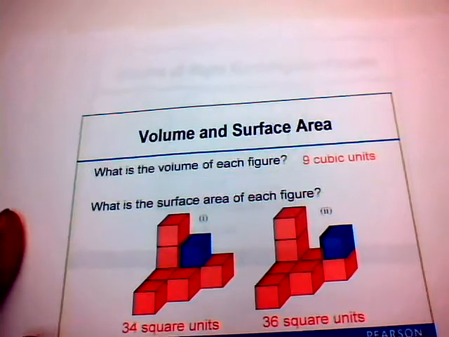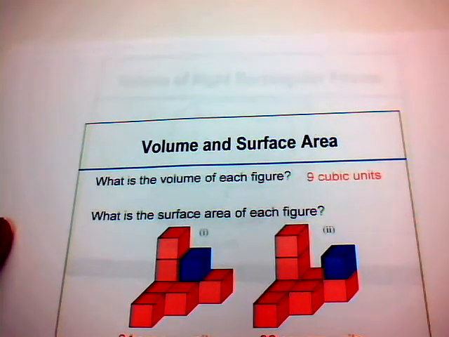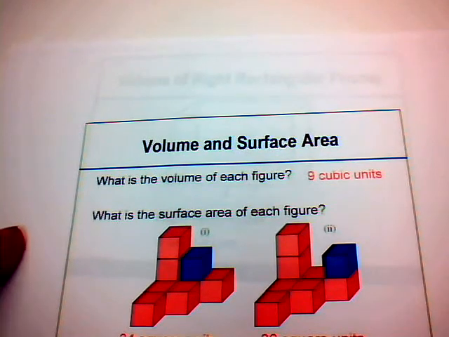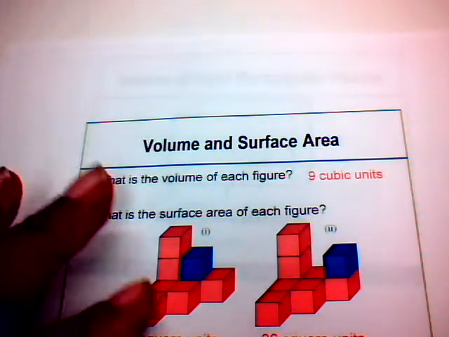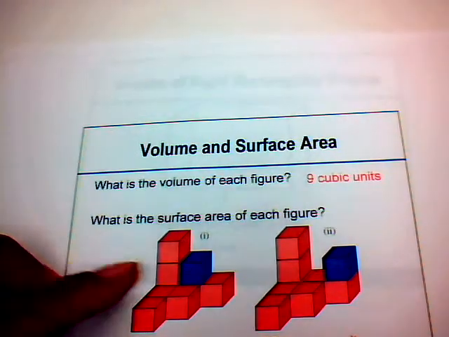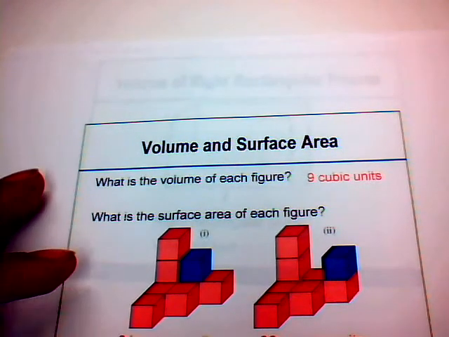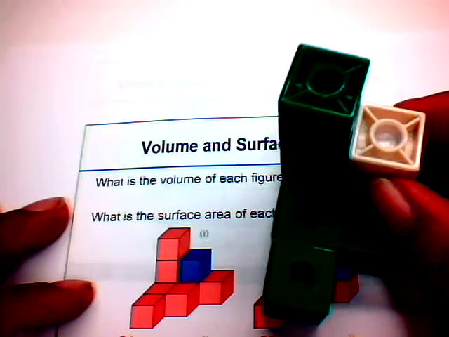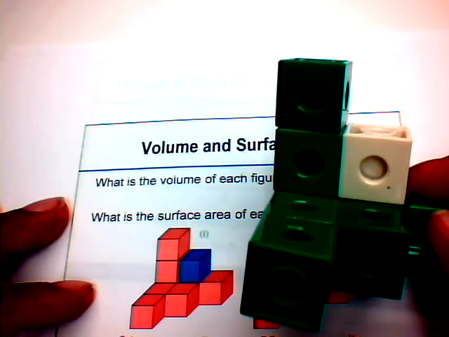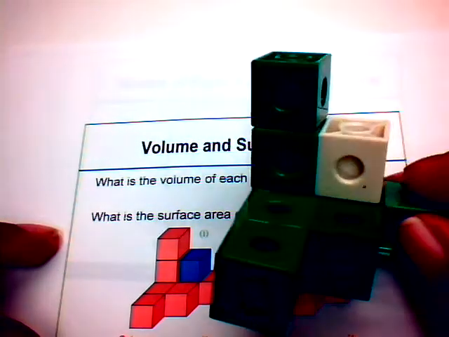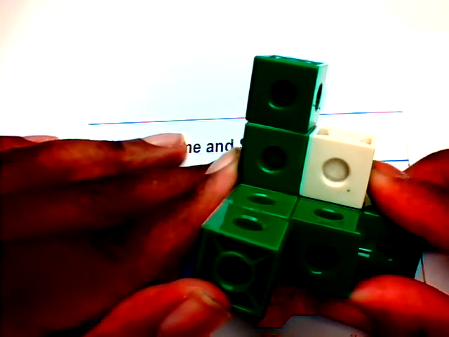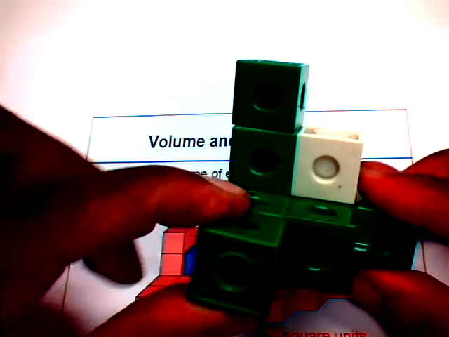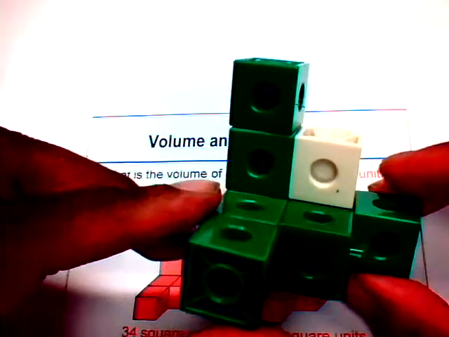Okay, now here we want to find the volume of each figure. In this case, you see a figure that's in two-dimensional form, but I do have this, which is similar to what you see in the picture. The volume, of course, is the amount of space that a certain object can hold.